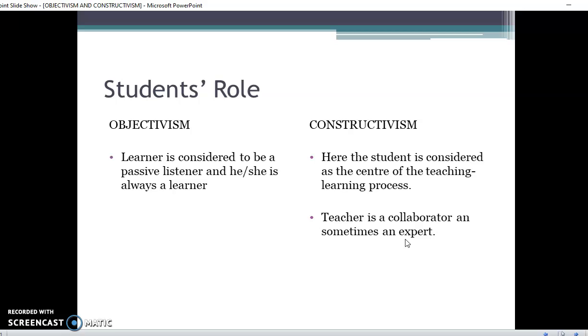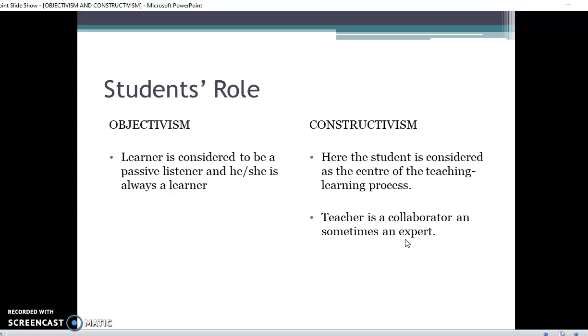So we know that the teacher is supposed to be someone who is more knowledgeable, or what we call in technical terms an MKO, the more knowledgeable other. So the teacher is expected to be an expert, because sometimes while you're collaborating, there are certain instances or circumstances wherein the students would need you as an expert.